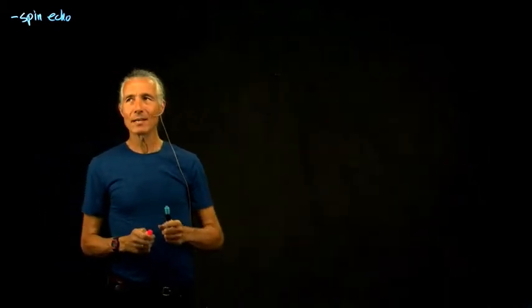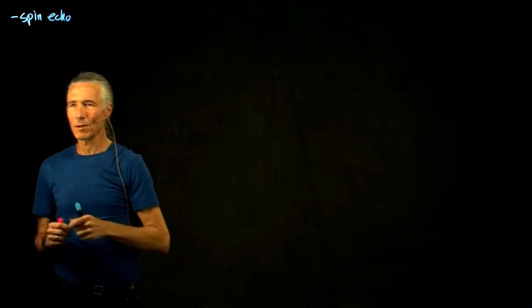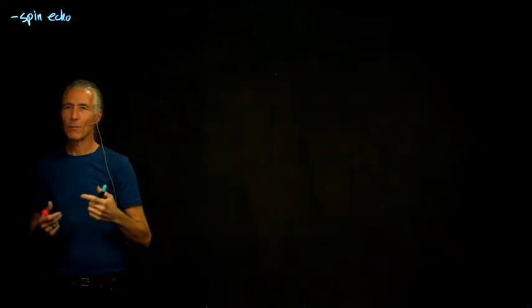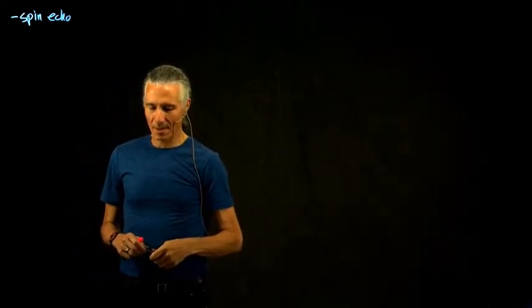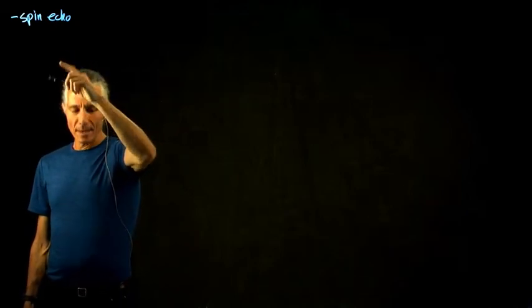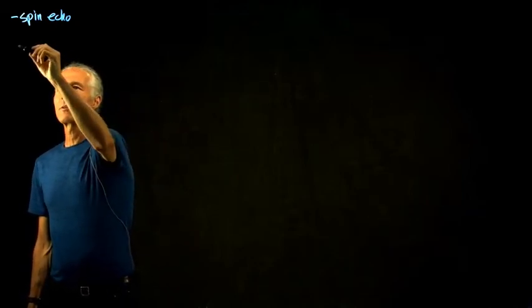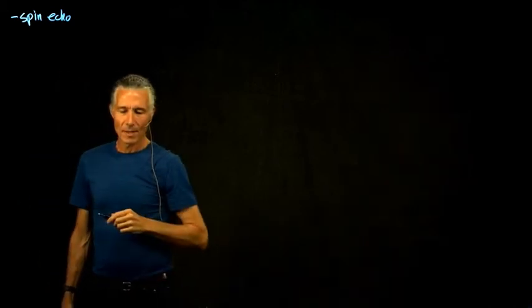So what we want to do today is just do two different Bloch equations to see where the SpinEcho actually comes from. So we'll start off. What is the thing we're going to do? We're just going to do a SpinEcho.